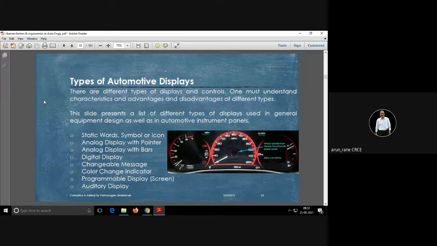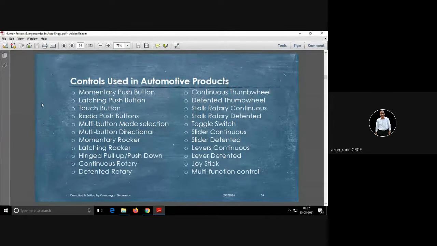Then there are different types of automotive displays, like analog displays and digital displays. Digital displays are better. They give good accuracy, and from a visual point of view also it is very good. You can read it properly. If you talk about automobiles, what are the different controls that can be used? See how the people have studied.